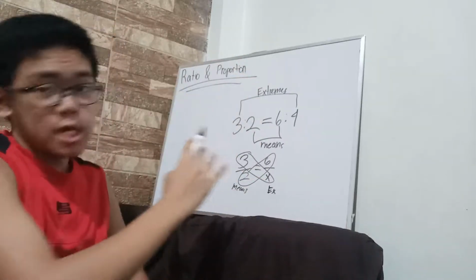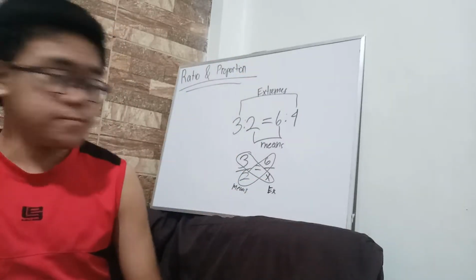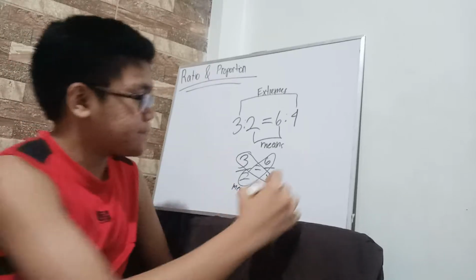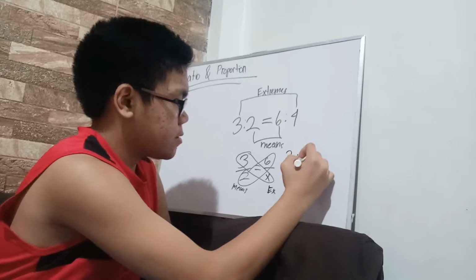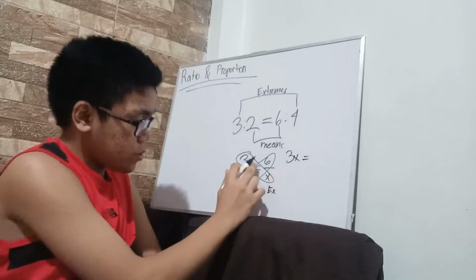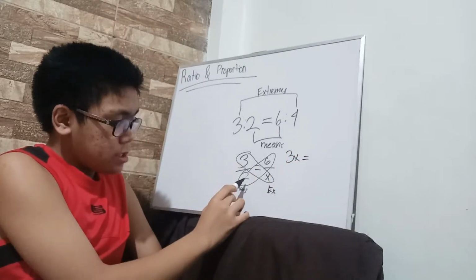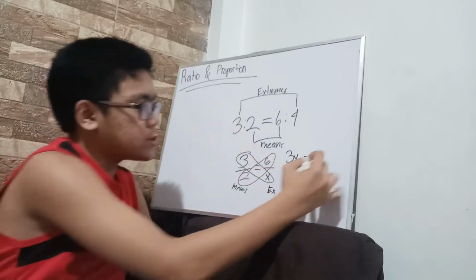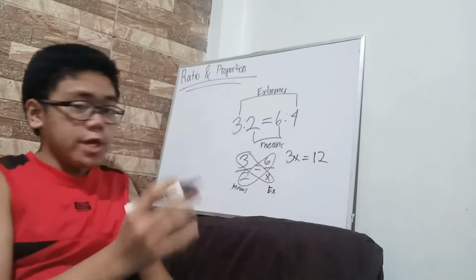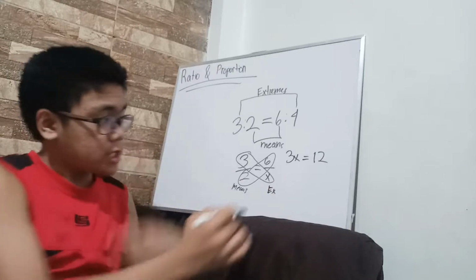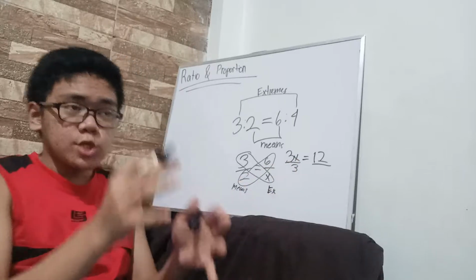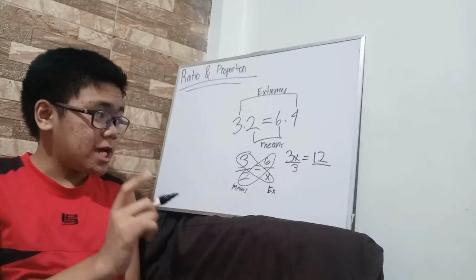Yeah. So when it comes to like that, it's means. Here it's extremes. If you're going to cross multiply, 3x is equal to 2 times 6, which is 12. So here we're gonna simplify it. 3 divided by 3, the x should be on 1. Isa lang siya.